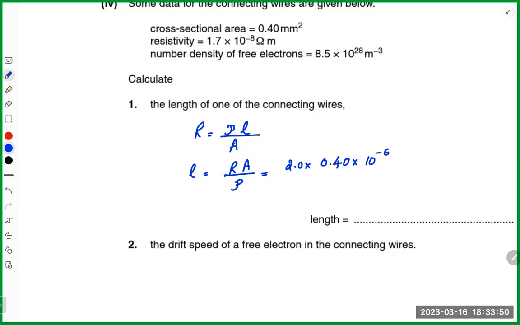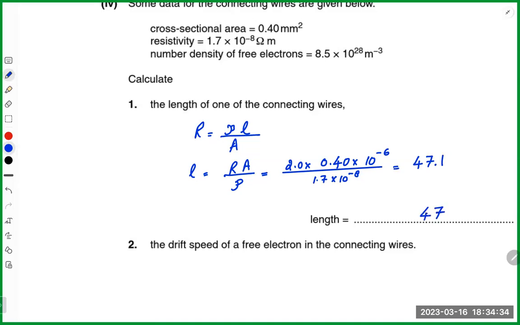Remember, milli is 10 to the power -3, but there is a square on it, so 10 to the power -6. Divided by resistivity 1.7 into 10 to the power -8. 47.06 meters, so 47 meters.